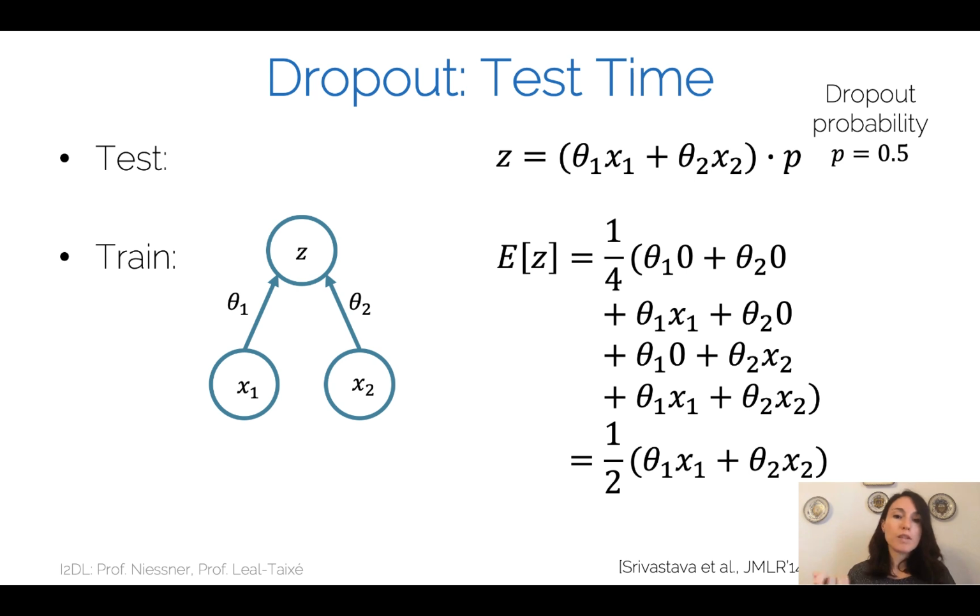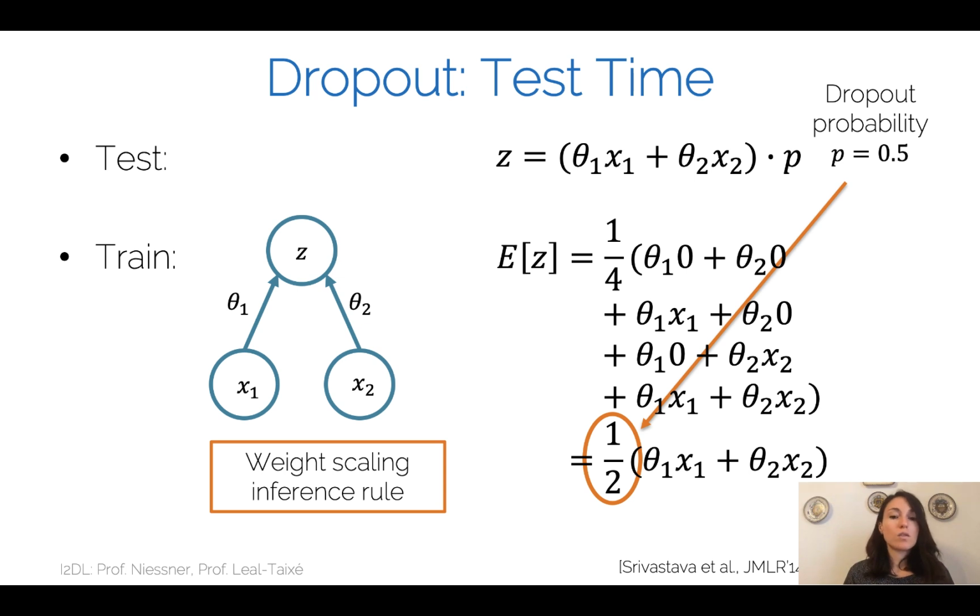If you compute the expected value of z, you end up with 1/2 in front of your operation, θ1 multiplied by x1 plus θ2 multiplied by x2. This corresponds exactly to the dropout probability. So what you have to do is what is called the weight scaling inference rule: at test time, you have to adapt your weights to match the conditions at training time. This adaptation usually happens by multiplying with the dropout probability.